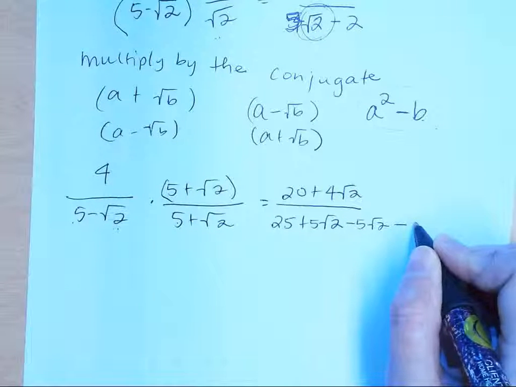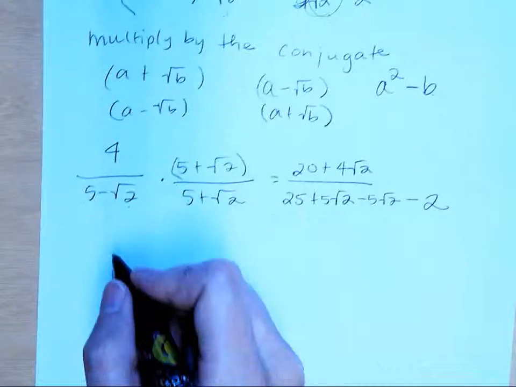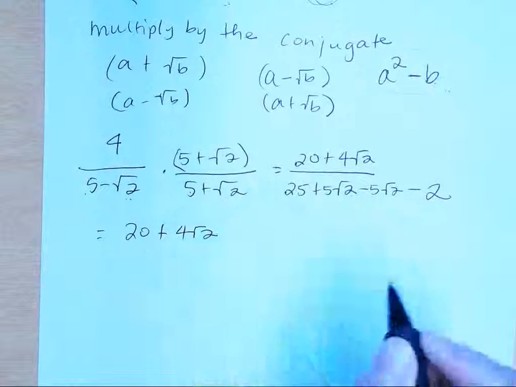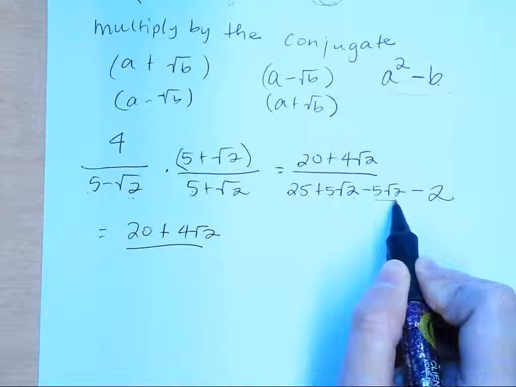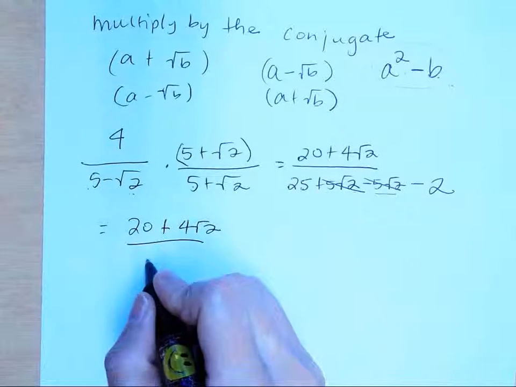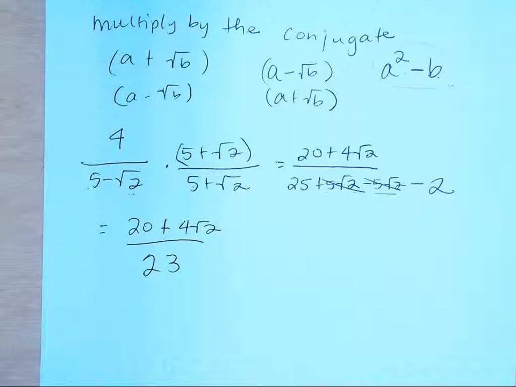Negative root 4, which is 2. Okay, so this gives us 20 plus 4 root 2 over, what happens here? 5 root 2 minus 5 root 2. Yeah, it goes to 0. So I have 25 minus 2, which is 23. Questions?